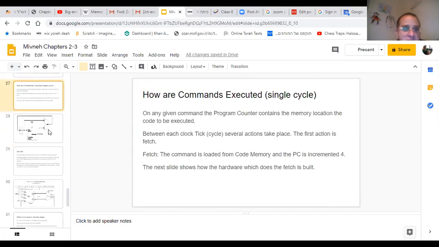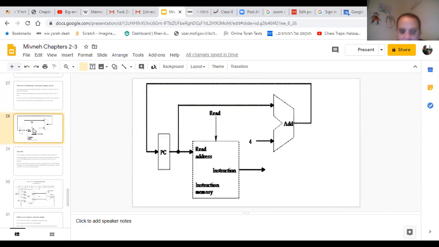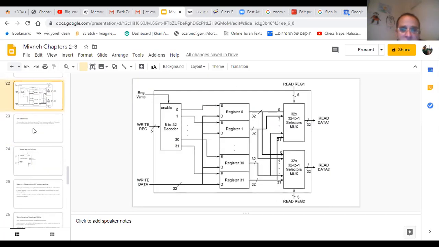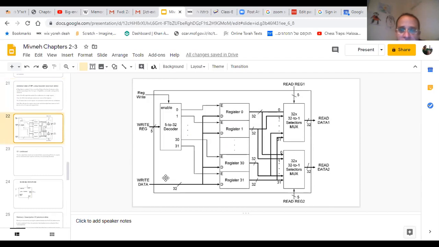This is a hard class to teach this way because this is complicated stuff. This is the RF? Isn't this a multiplexer? Oh, yes. So you're saying the RF itself is its own actual thing, which inside has both registers and multiplexers. Yes. This whole picture is the RF.